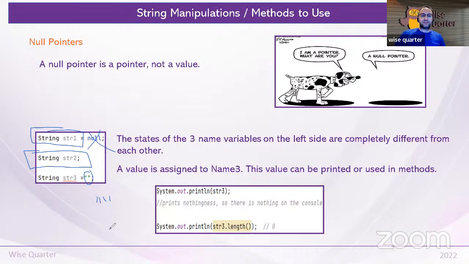There's not even a space there, but still, this str3 has something inside of it. The other two do not have anything, not even the nothing. The third one has nothing, but it has something. Even though it's nothing, it has something. Yes, I know it's very hard to explain. Don't worry. When you use them, perhaps you can understand.